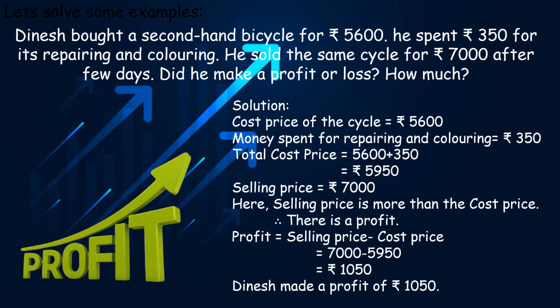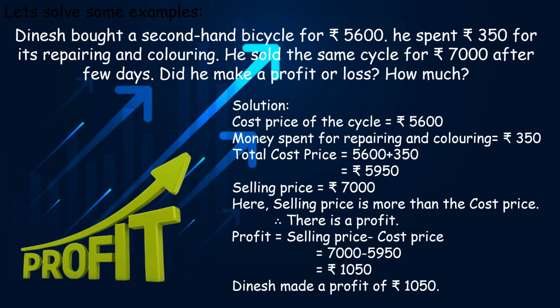Now selling price we know as 7,000. What is the cost price? That is 5,600. What about the total cost price? It is 5,600 plus 350, that is our total cost price of rupees 5,950. Now children, cost price is 5,950. Selling price is rupees 7,000. So here selling price is more than the cost price.